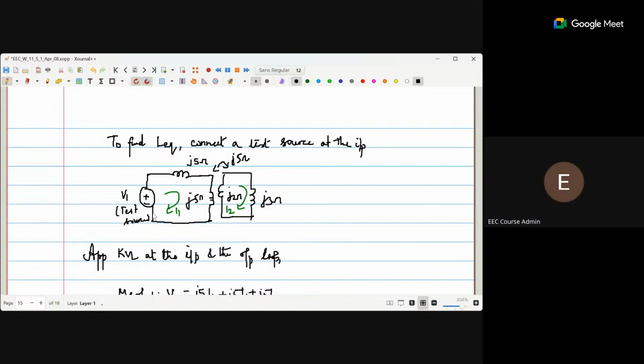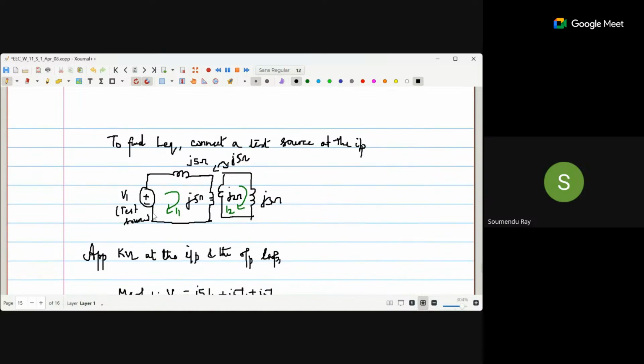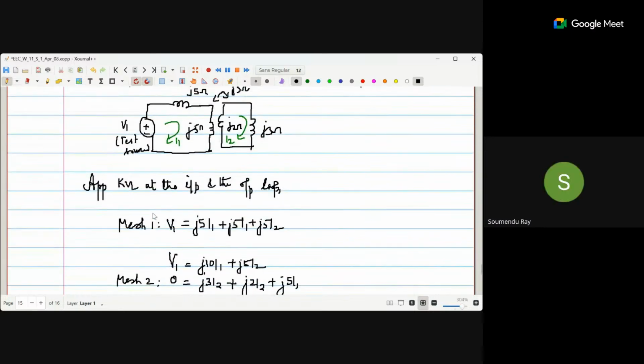Come again once again. If both the dots were above, would the V1 equation change with M as positive? The V1 equation that you have written below, ma'am, would it still remain the same?